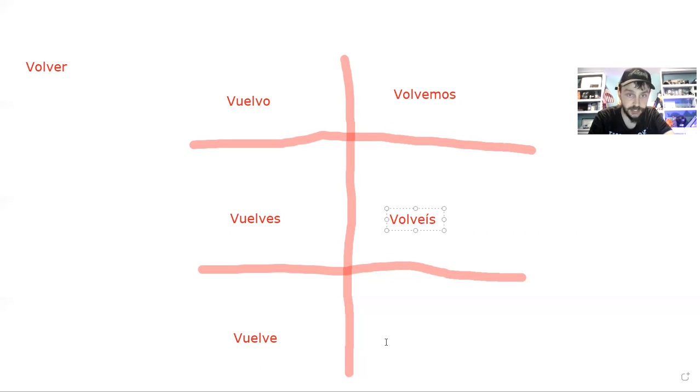And ellos, ellas y ustedes vuelven. Notice the stem change also occurs here too. See that? I will circle on here what are stem changes. Actually, I could just put them in a box, couldn't I?